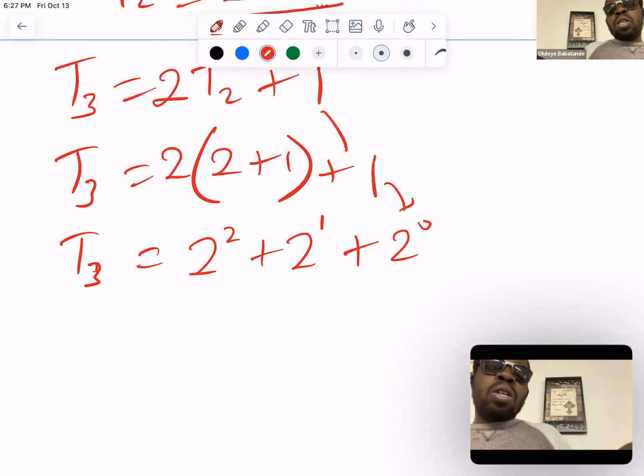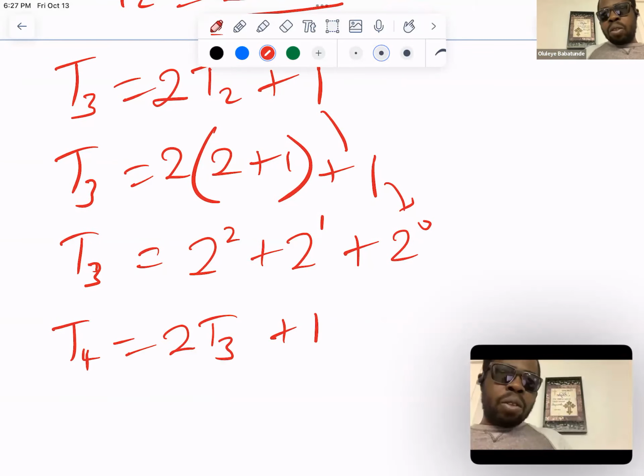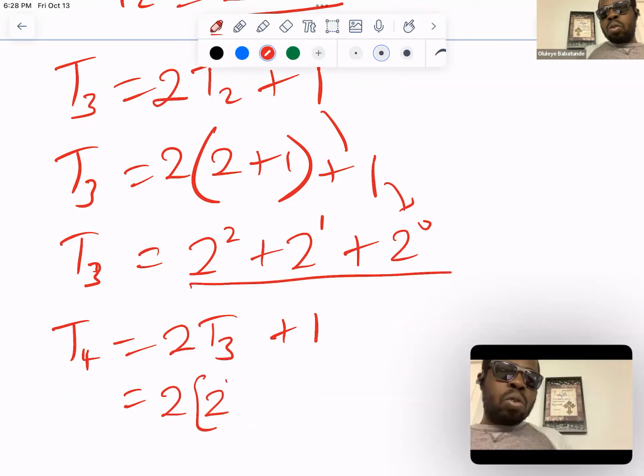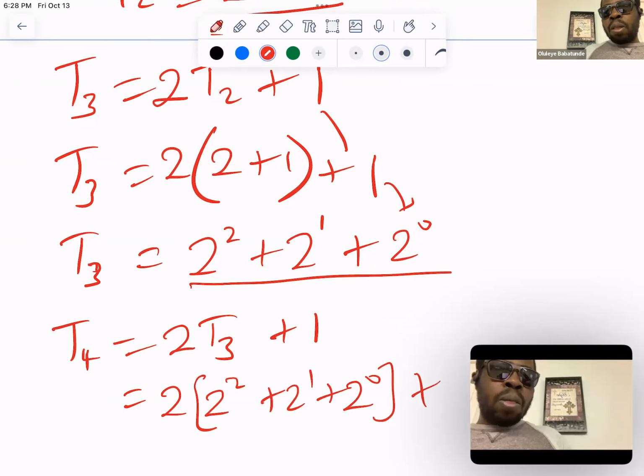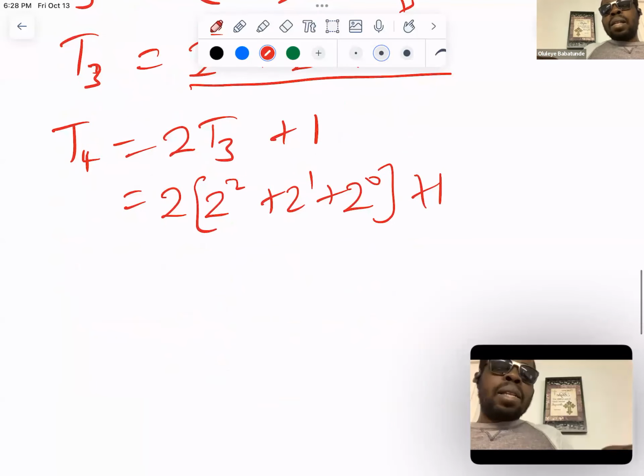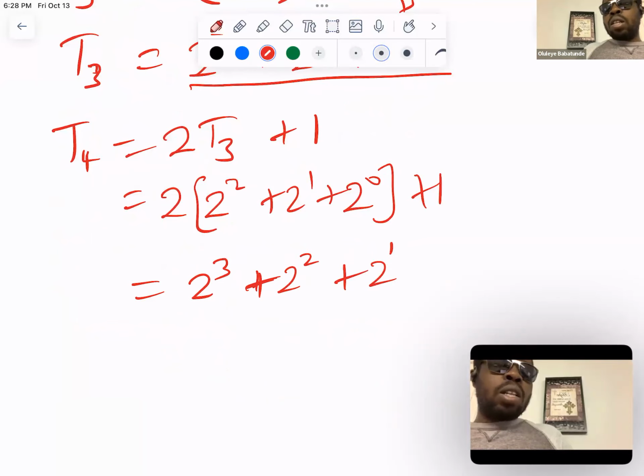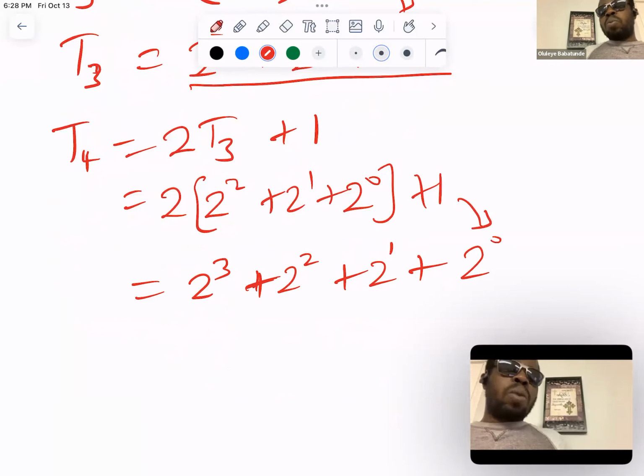Let's try T4. T4 is going to be twice T3 plus 1, okay? Which is twice, this is my T3, 2 squared plus 2 to the 1, plus 2 to the 0, plus 1. And that makes your T4 to be 2 cubed plus 2 squared plus 2 to the 1, plus 2 raised to the power 0. 1 is always 2 raised to the power 0.